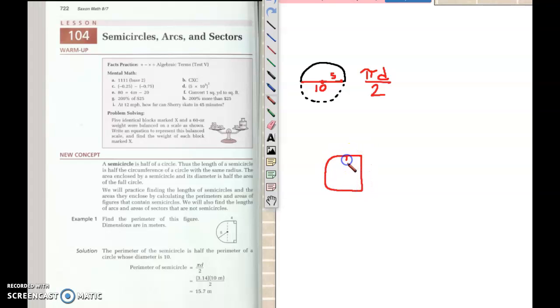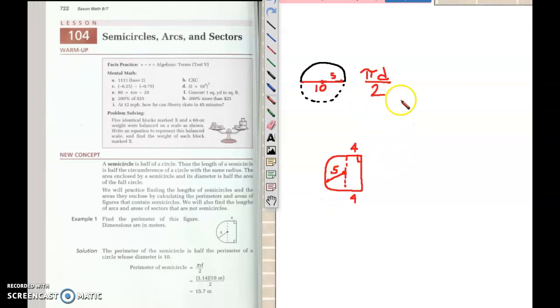Make do with what I can. Here we go. We got a 5, we got a 4 right here. We know that these are right angles because it's a rectangle, so the measurement here is going to be 4. We also know that the radius here is 5, which means that the diameter would be 10.